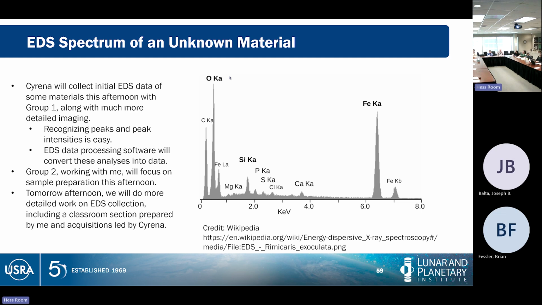X-rays come off of material with certain energies as a function of the atoms that are present. If you measure the number of X-rays that come off with a certain energy, you can recognize that this material has iron, some phosphorus, some sulfur, some calcium.